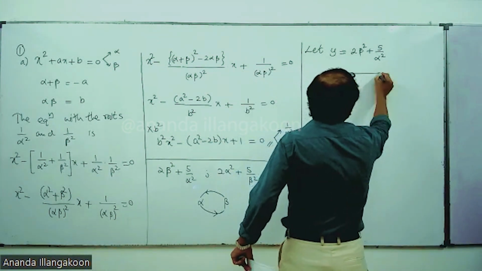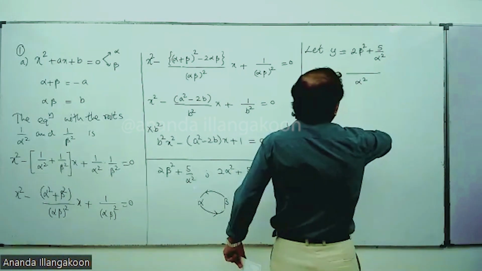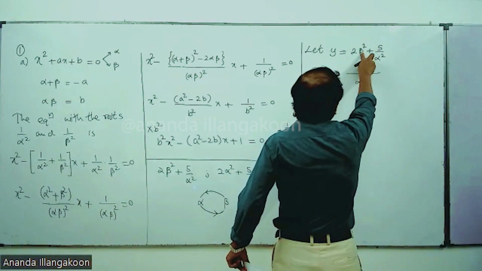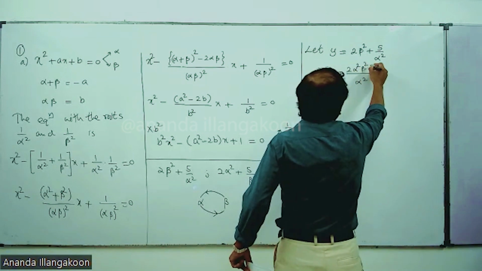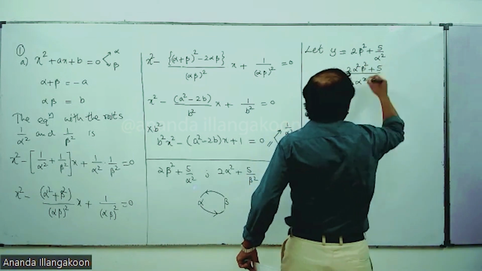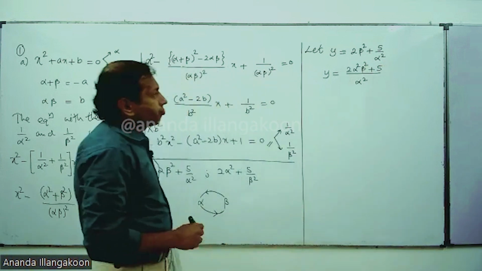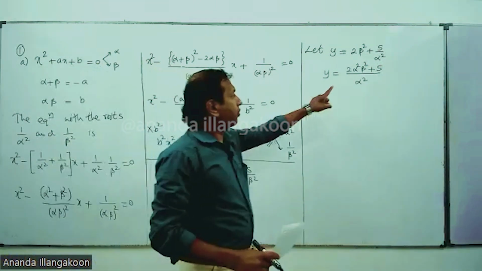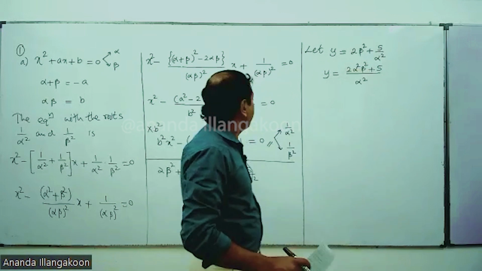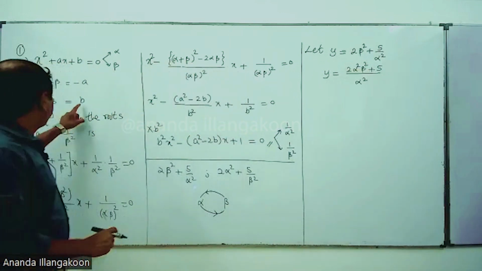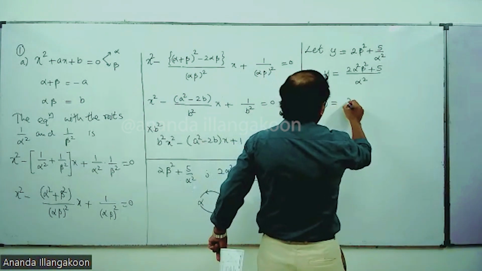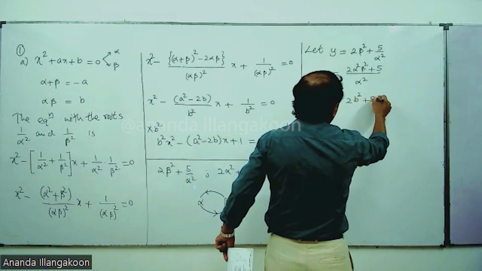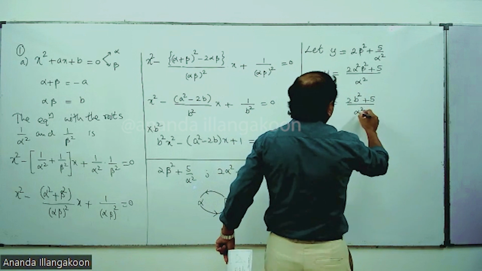Take the common denominator here, alpha squared. Then this beta squared should be multiplied by alpha squared: 2 alpha squared beta squared plus 5. This alpha squared beta squared means (alpha beta) whole squared, but alpha beta is b. So y equals 2b squared plus 5 divided by alpha squared.